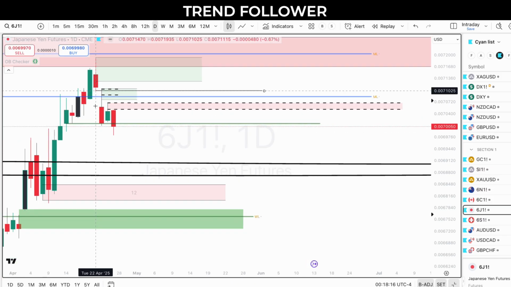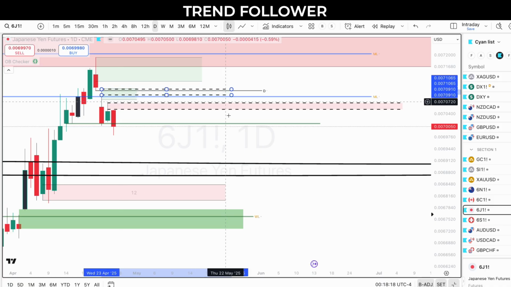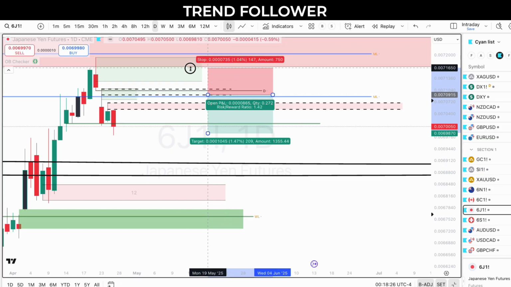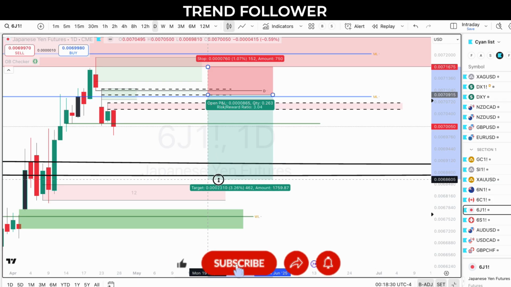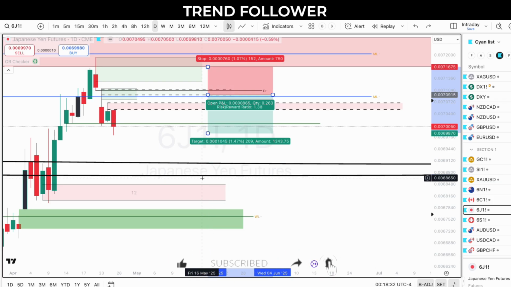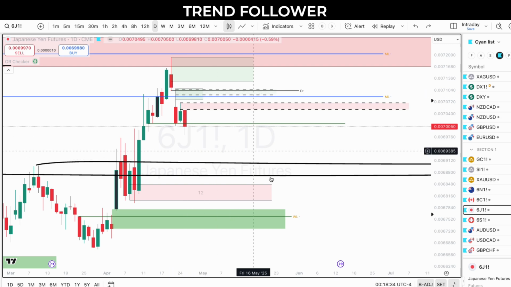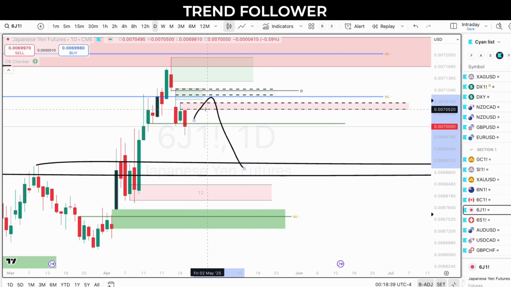So my favorite here would be something like this, right? If I want to trade something like this, my favorite would be if I can take this, something like this maybe here. And the target I will have to look into more, but I think these are the zones where I'm very focused on. I really think this can happen.